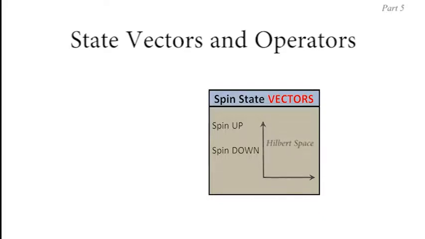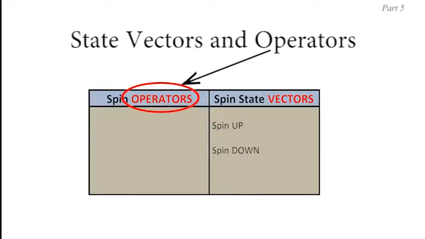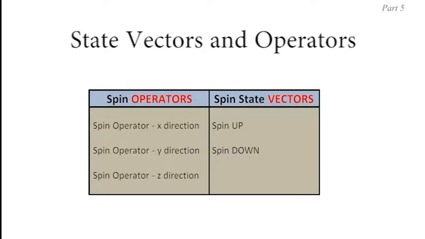We will also, of course, need to be able to write something down for the operators which can be used to measure spin, and we'll need at least three of those so that we can measure the components of the spin in the x direction, the y direction and the z direction. Presumably, if we needed to measure the components of the spin in some other direction in real space, we could combine these operators a bit like we do for ordinary vectors to find the spin operator in a particular direction.